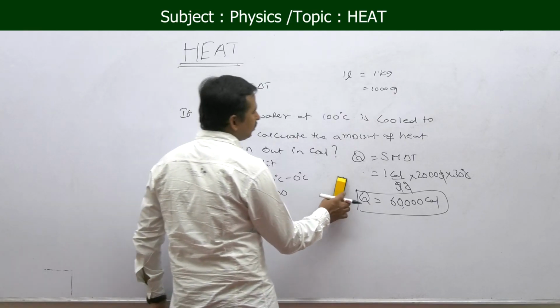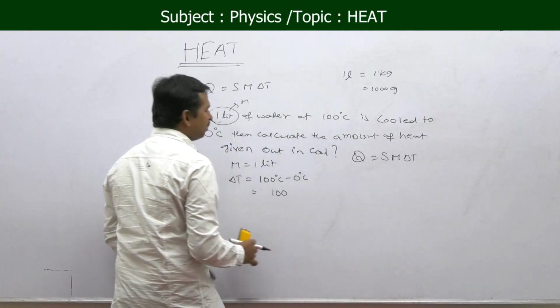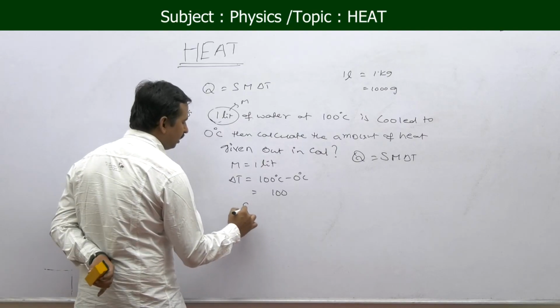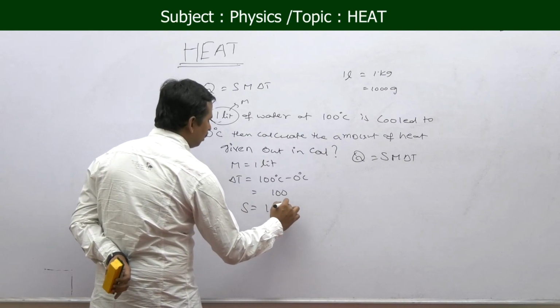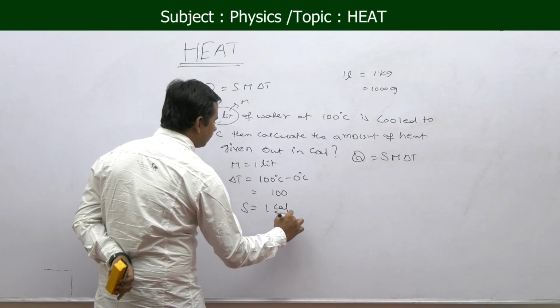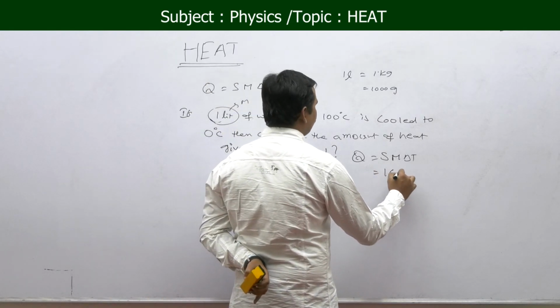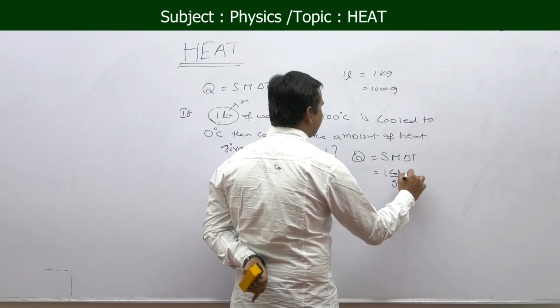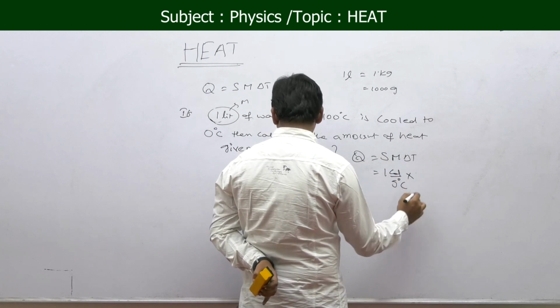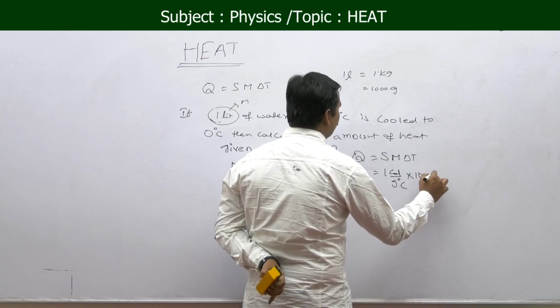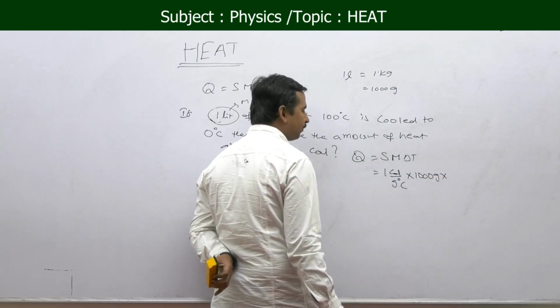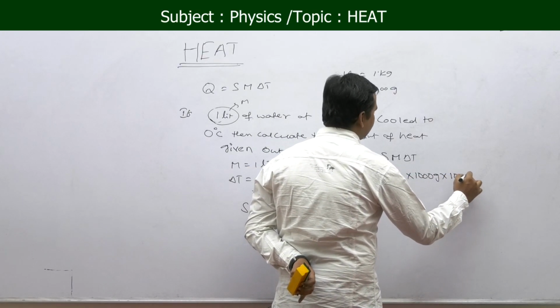Then again, as S is equal to Q by m, Q is equal to S m delta T, and we know S is equal to 1 calorie per gram degree Celsius. Then you can write Q is equal to 1 calorie per gram degree Celsius, the mass given there, which is 1 liter, that is 1000 grams, and the change of temperature from 0 to 100, which is 100.